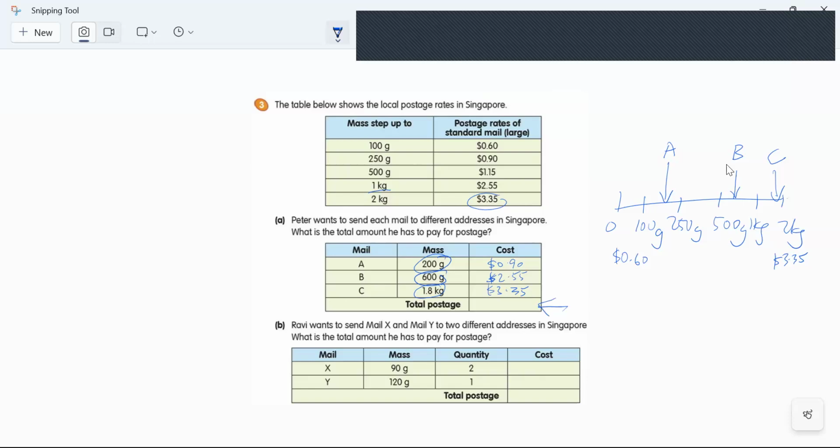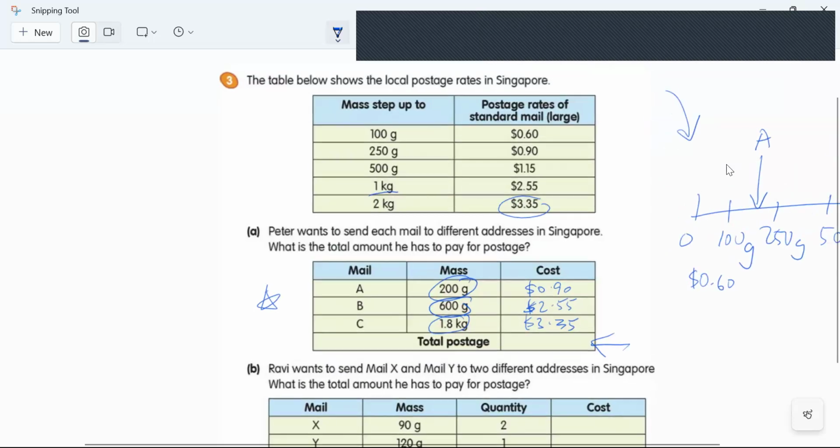Now, this is the textbook method of solving, which is a nice way because it presents our answer in a very neat and tidy manner. I like mine because it shows the range, so I can pinpoint easily what step rate I should be using. Okay, I'm making it a little bit bigger.